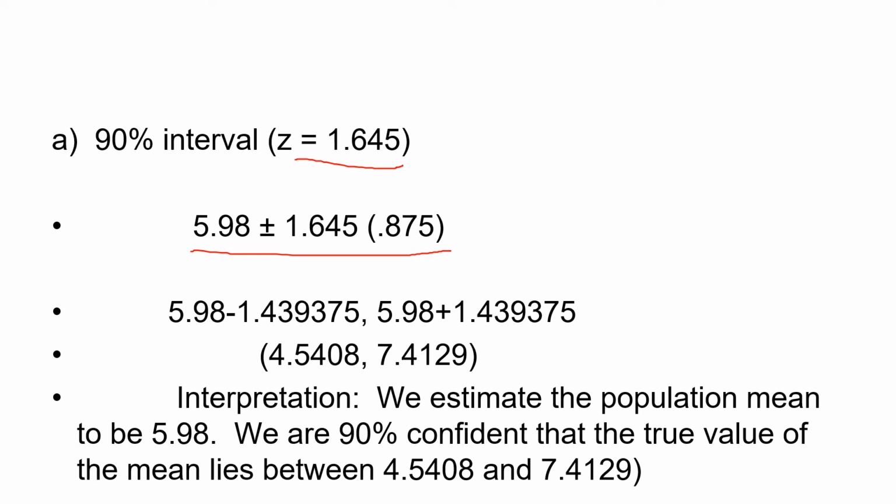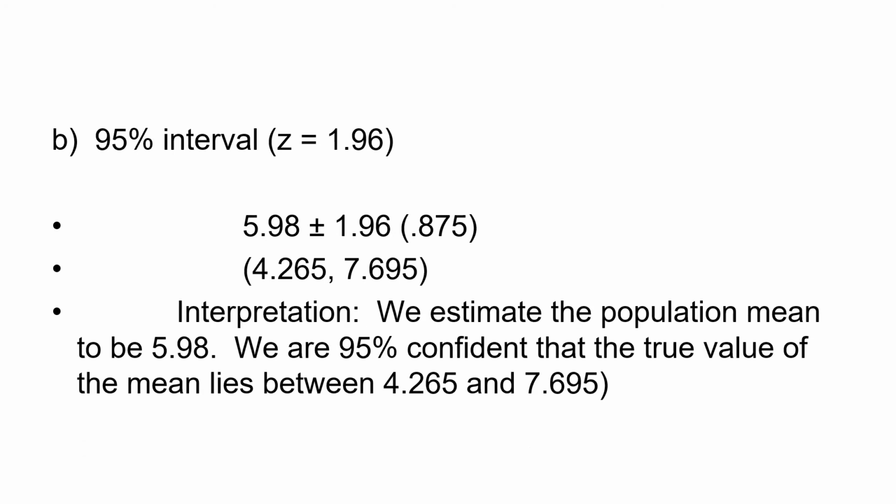Next we will look at the next interval, which was stated as 95%. From the table provided, when the confidence level is 95%, the critical value for Z alpha over 2 is 1.96. So what you do is you plug in the values accordingly.